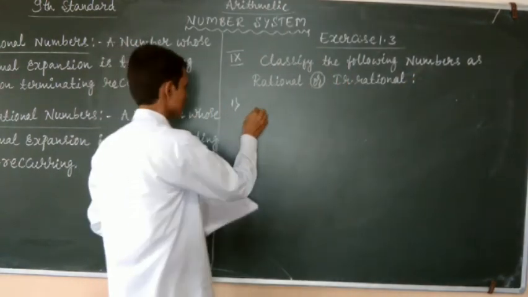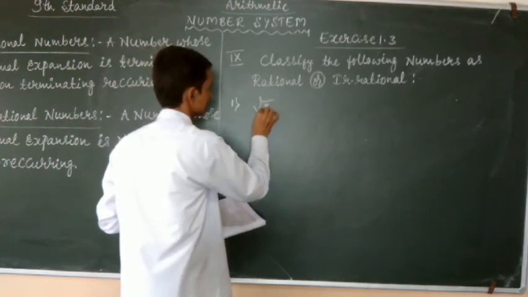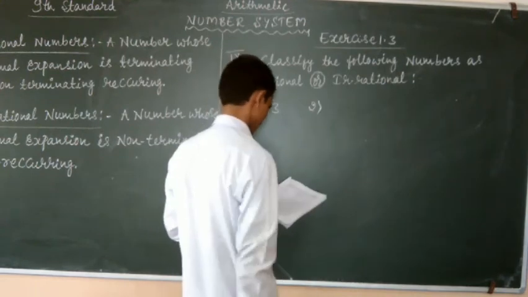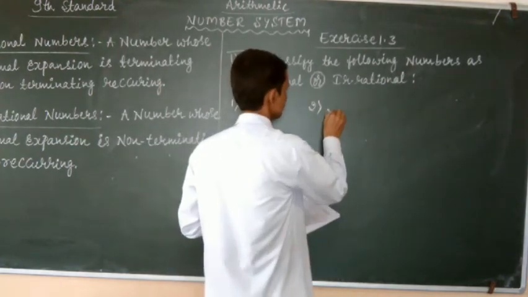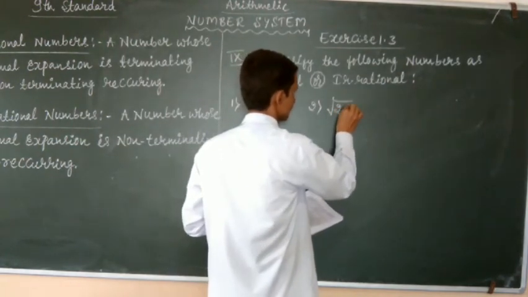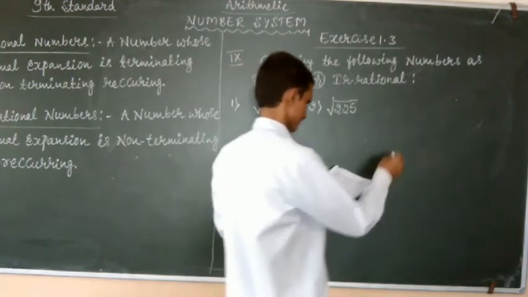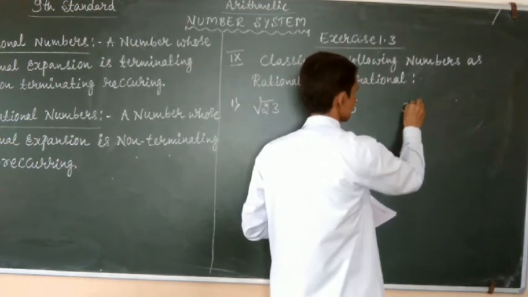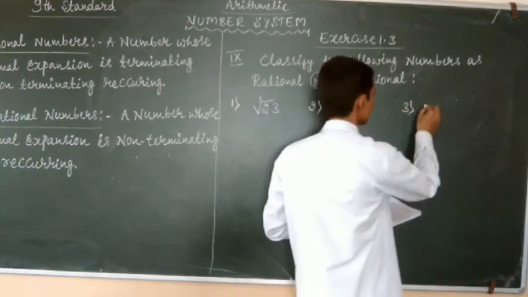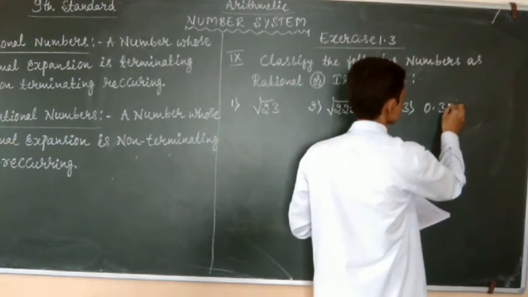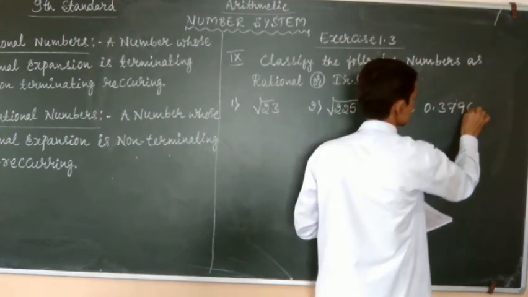First one is root 23. Second one is square root of 225. Third one is 0.3796.